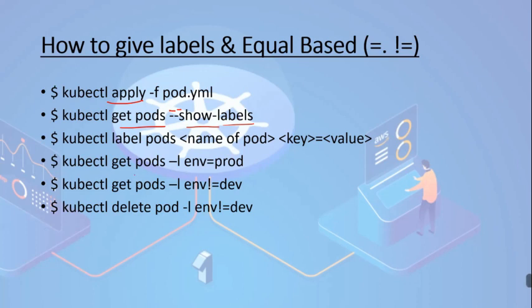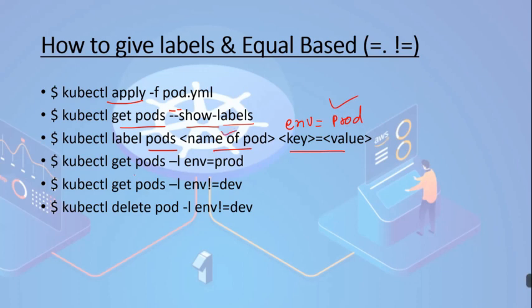Now if you want to add a label to an existing pod, the command is kubectl label pods, the name of the pod, and the label, meaning key and value. Suppose the key is env and the value is prod, then this label is automatically assigned to this pod.